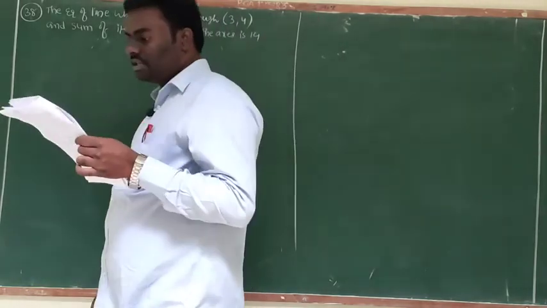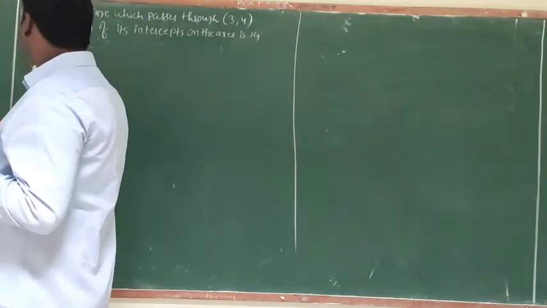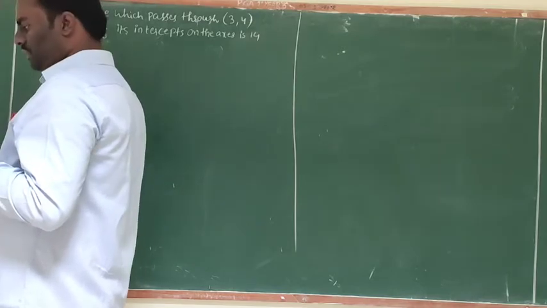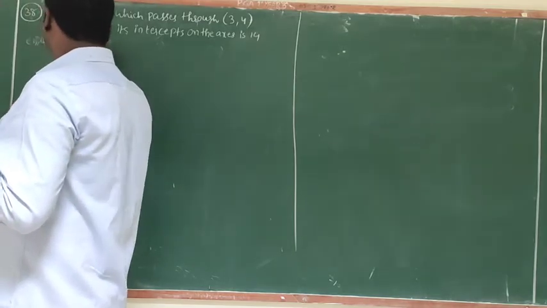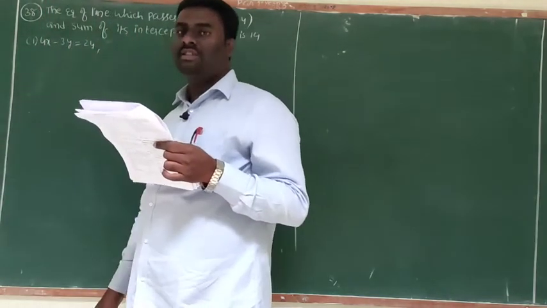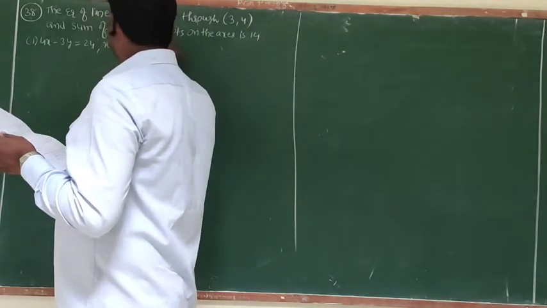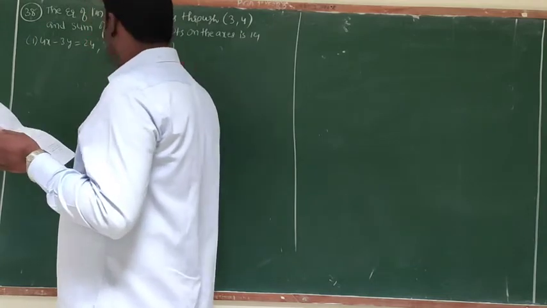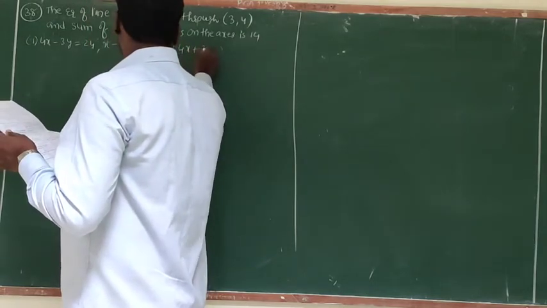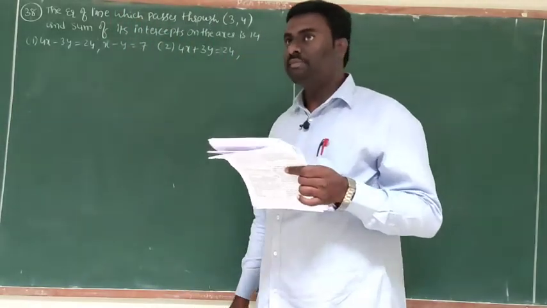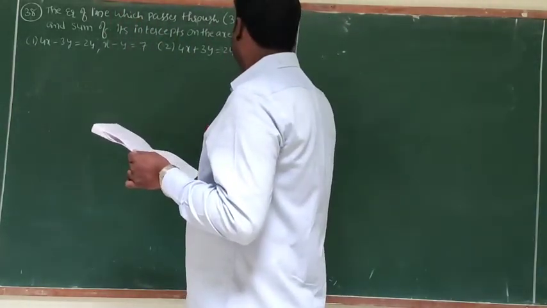Okay, options. First option, 4x minus 3y equals 24, comma, x minus y equals 7. Second option, 4x plus 3y equals 24, x plus y equals 7.